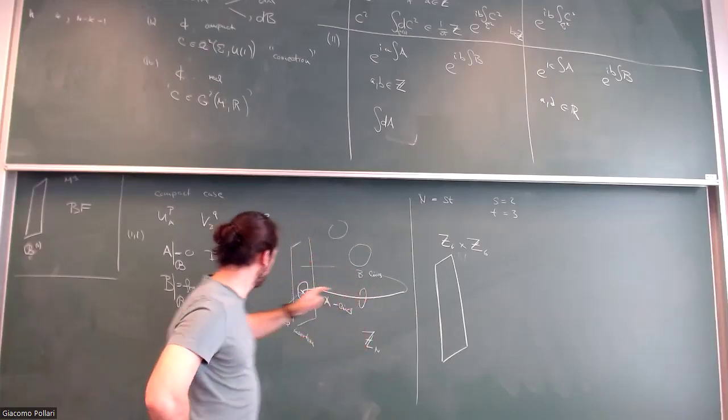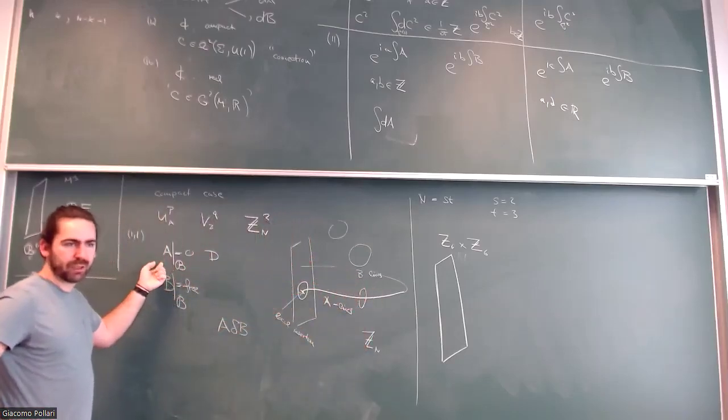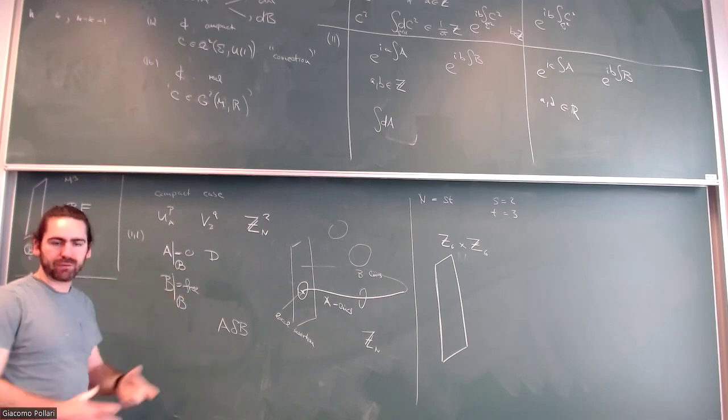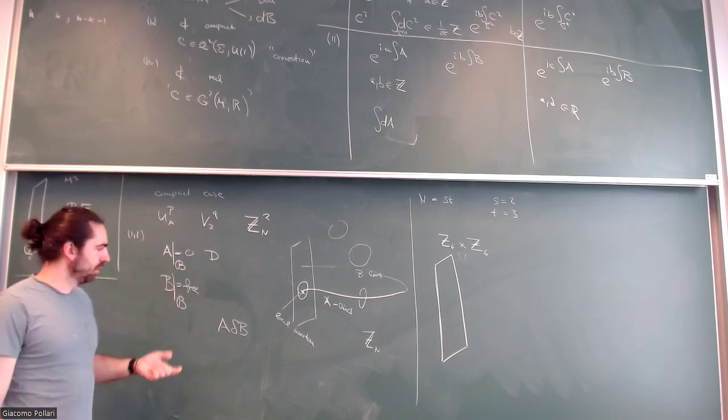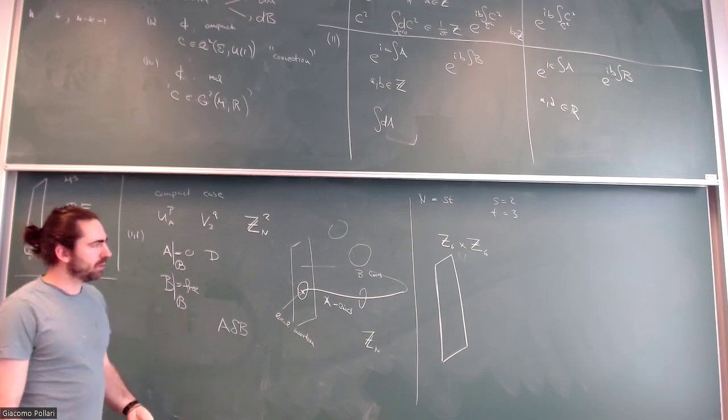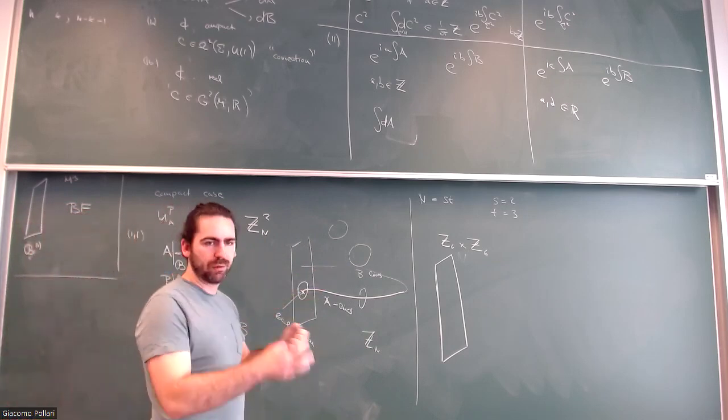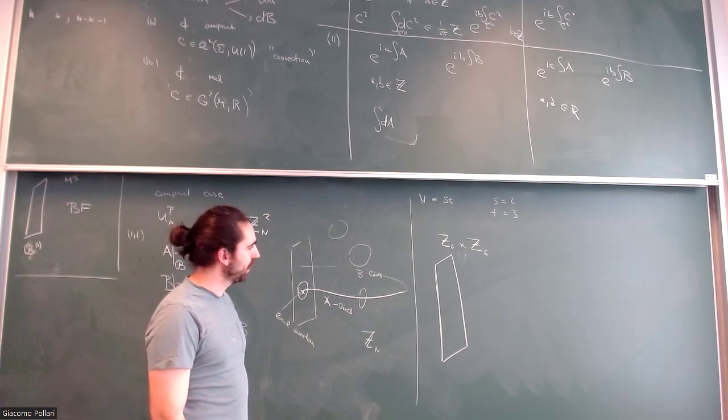That was the case for A lines: all A lines did not feel any other A lines because they have trivial linking among themselves. Same for B lines. But here I can achieve that in some mixed sense.